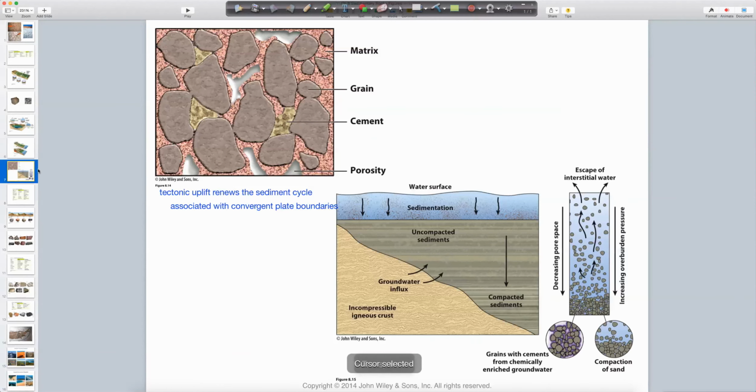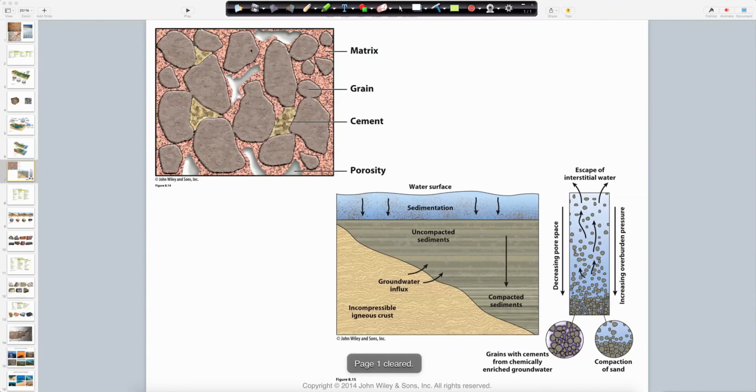So if we look at this picture, here you're looking at grains, and then the cement that's precipitating will stick and hold the grains together. So these are the pore spaces right here. These are the openings right here.